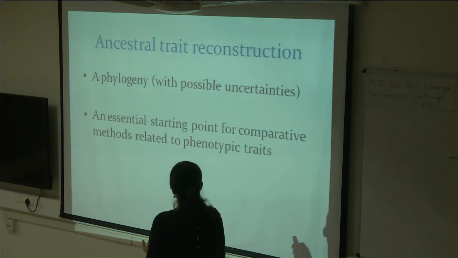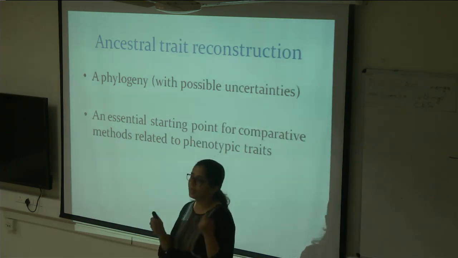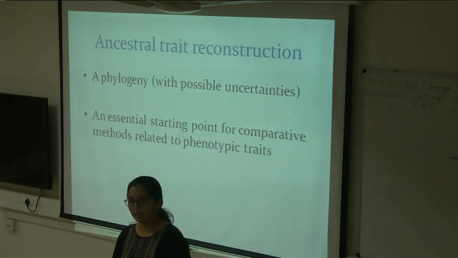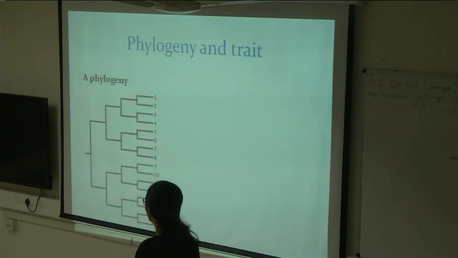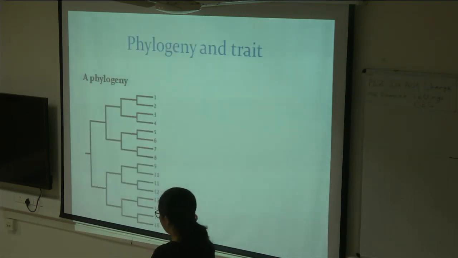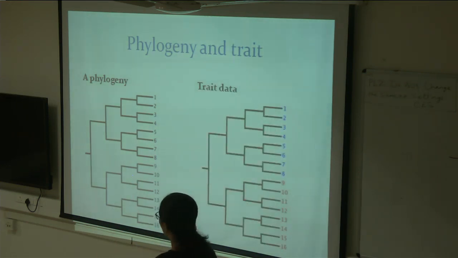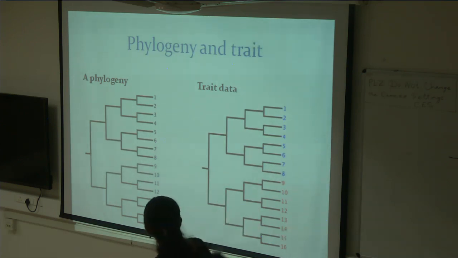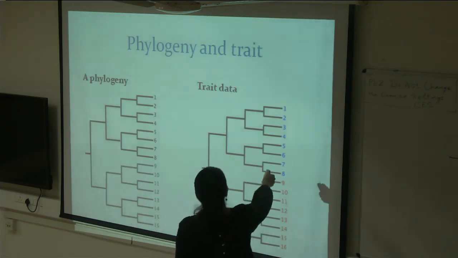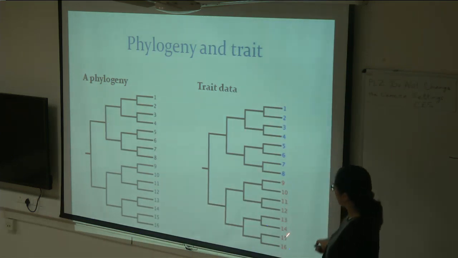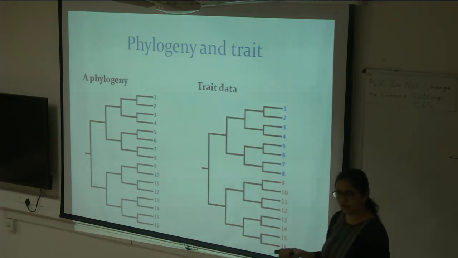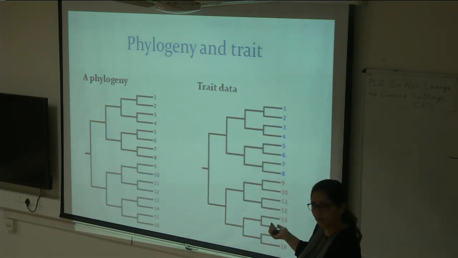So you have phenotypic trait data at whatever scale you want to think about trait reconstruction. You have a phylogeny where all your species, genera, families, whatever unit you are looking at, and you have trait data. Your aim here is to think about how this trait data has evolved on this particular phylogeny. So if I just divide the trait data in two colors, there is blue and red. Easily, when you see trait data just by plotting on the tree, what would be your guess?